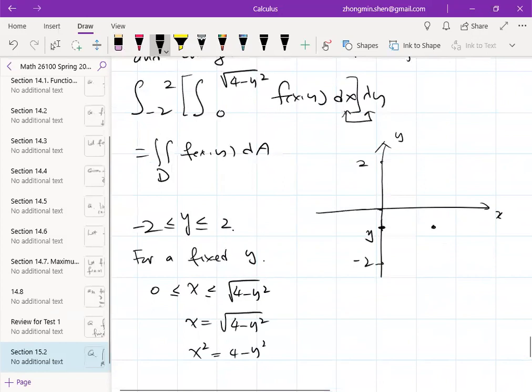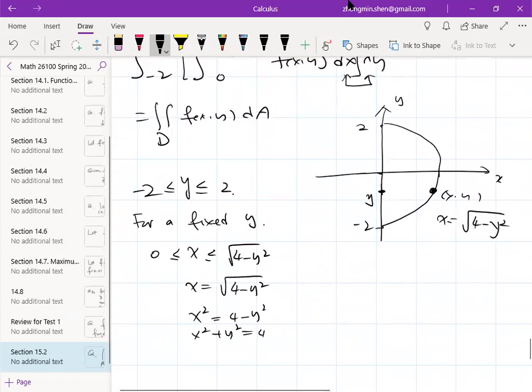You also get x squared plus y squared equals 4. This is going to be a portion of the circle. So this is going to be x and y, where x is going to be 4 minus y squared. Now you get a domain D. You figured out this domain D.